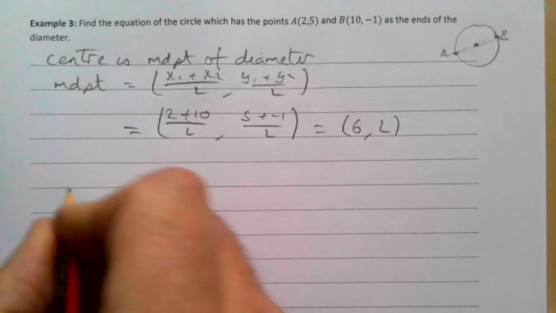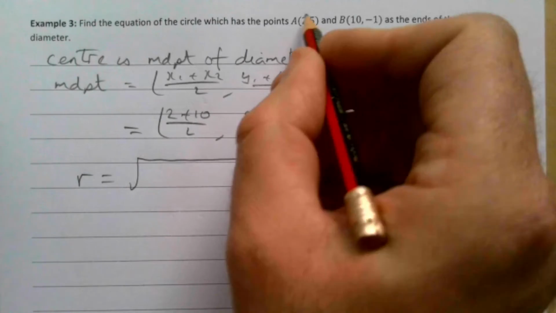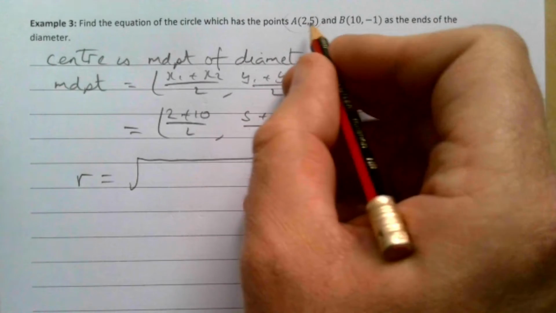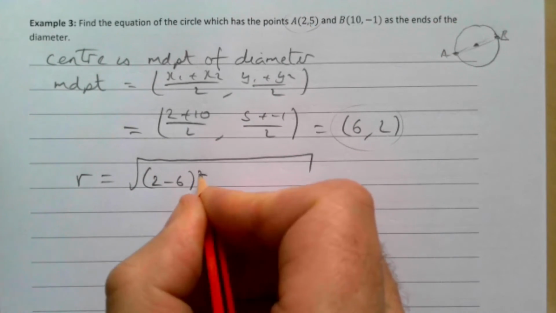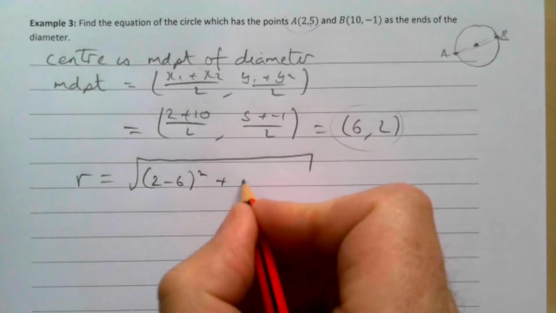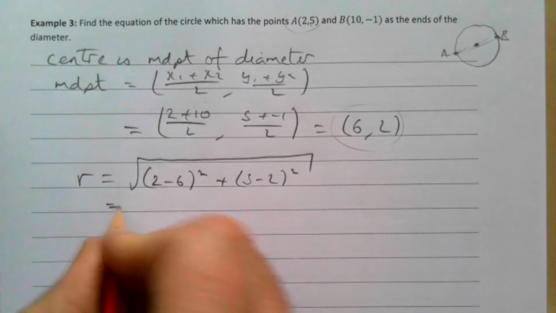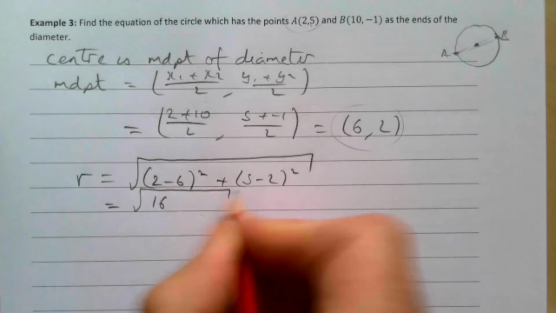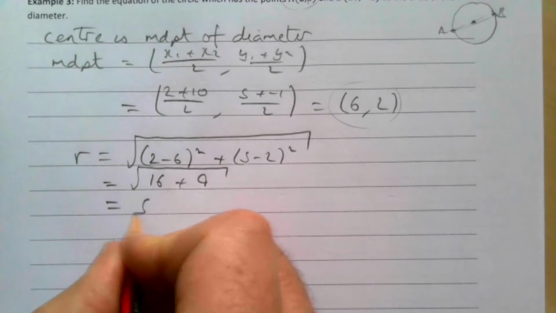So my radius is going to equal the square root of, if I take the point A and the centre, 2 minus 6 all squared plus 5 minus 2 all squared. That's 4 squared, which is 16. That's 3 squared, which is 9. And my radius then is 5.